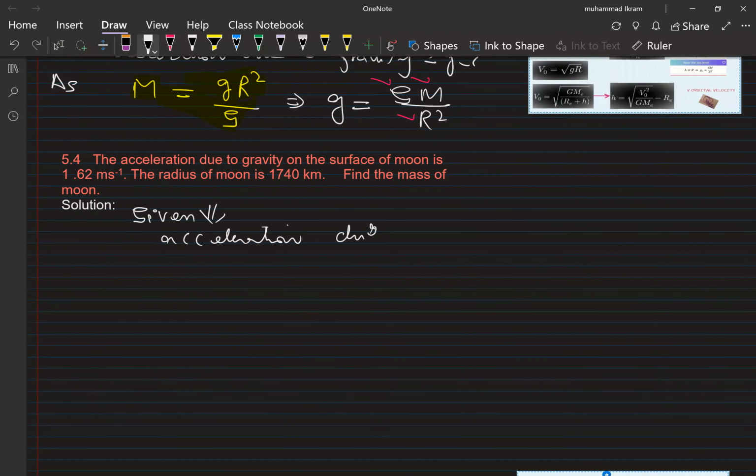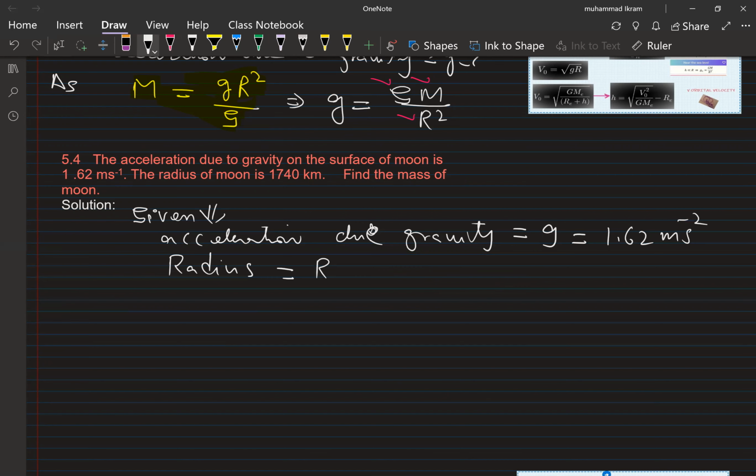Okay, this acceleration due to gravity g, but it is on the moon, not on the earth. Remember, g on the moon. So you can label it small g on moon, and that is 1.62 meter per second square. Now the radius of the moon, it is r, and this radius of the moon is 1740 kilometer.